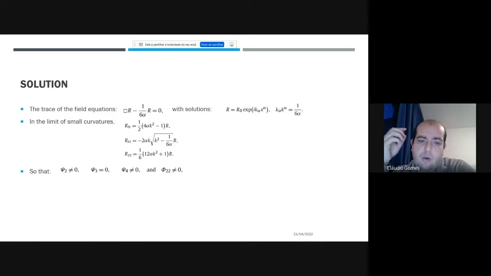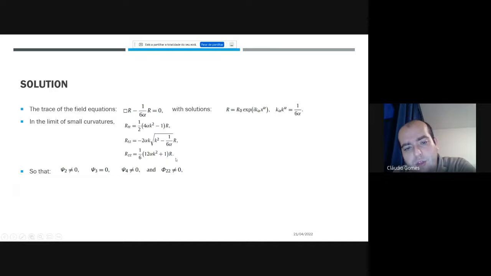Let's check which modes could appear. So in the limit of small curvatures, so really far from the source, the Einstein field equations modified in the so-called f(R) theories can be solved. These metric field equations can be solved, and the non-vanishing components of the Ricci tensor are like these.